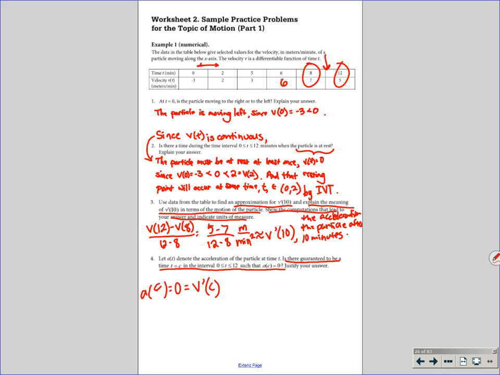Actually, that's an interesting way. I've never done that before. Huh. Anyway, I never thought of making Rolle's work that way. But the other way that they do it is using MVT twice, here and here.